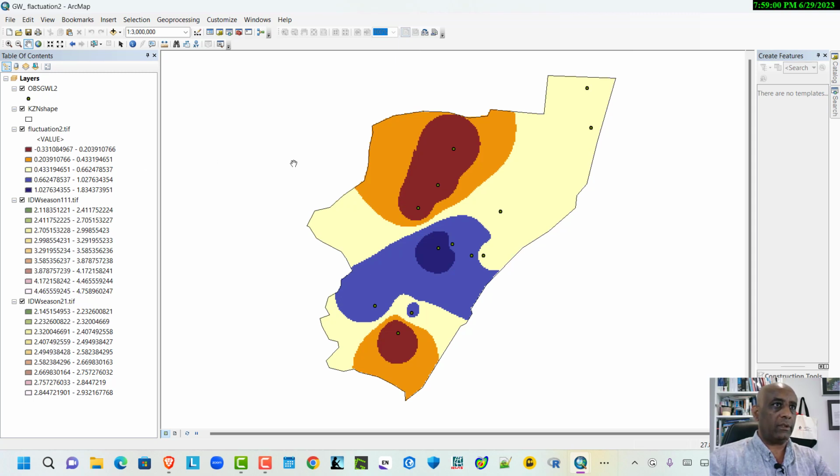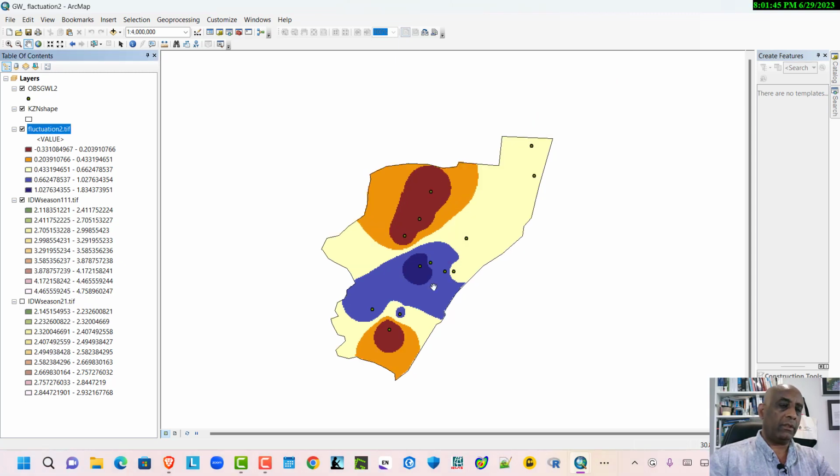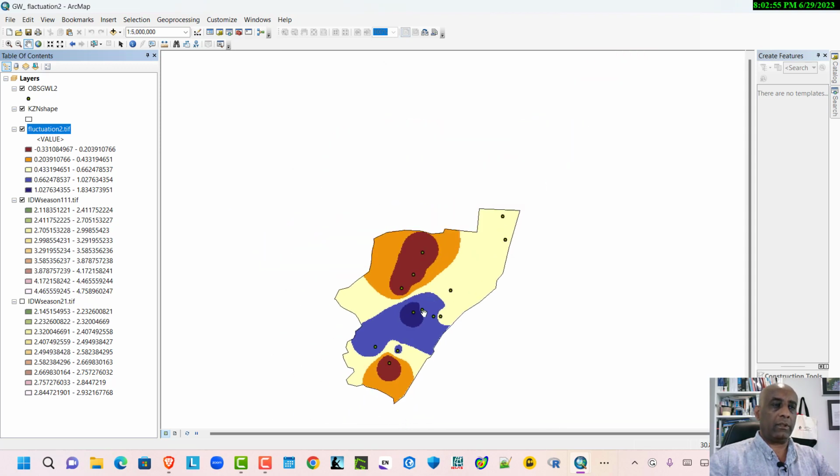For example, the red area indicates negative. Positive means a gain. A higher number indicates the fluctuation is very high. In this area the fluctuation is less, but there is a loss. But in this one, the fluctuation is high, but there is a gain. So that's how we estimate the groundwater fluctuation of the area.